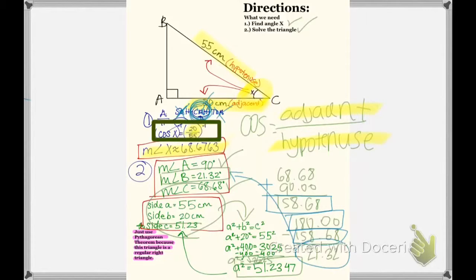And when you square those numbers, you get a squared plus 400 equals 3025. Then you subtract 400 from both sides and get 2625. And then you square root that, so you get a equals 51.2347. And that rounds to 51.23 rounded to the nearest hundredths.